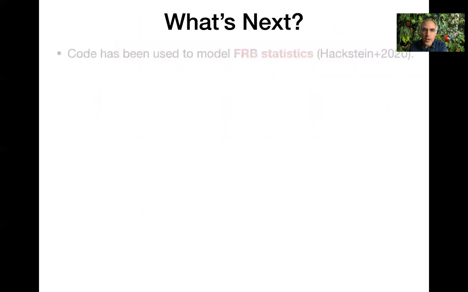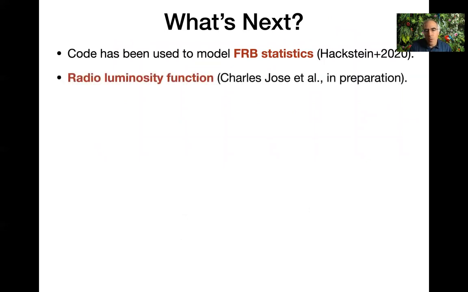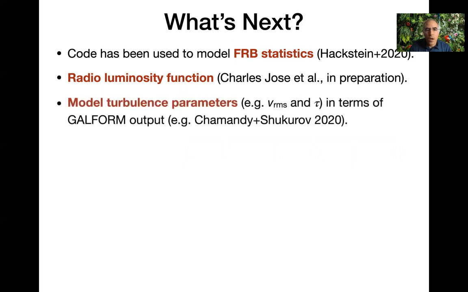So what's next? The code has already been used to model FRB statistics. We are now working on predicting the radioluminosity function, both for radio at a certain frequency, but also the polarized component of that. We have already modeled the turbulence parameters themselves, which are parameters in the dynamo model.